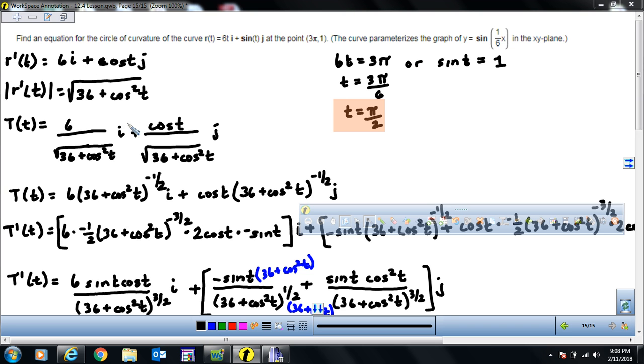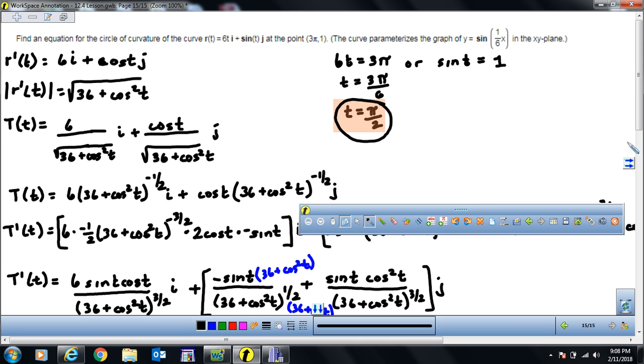Okay. So I'm going to first do that, and then I'm going to evaluate it at the value of t that we found. This is going to be the last thing we do, evaluate at pi over 2, because that's when the particle is at this position, at the parameter t equals pi over 2.